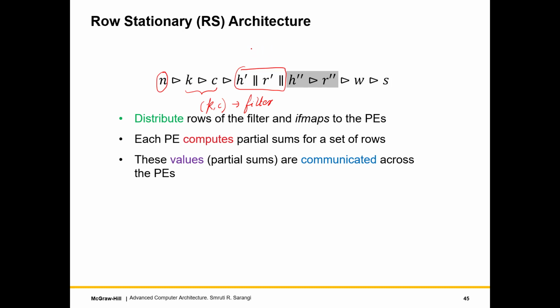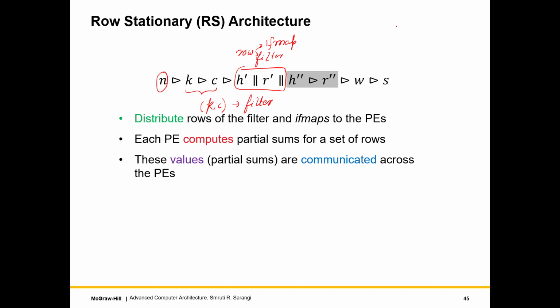We distribute a row of the filter and a row of the IF map. This is what is distributed to all the computational units, all the PEs.